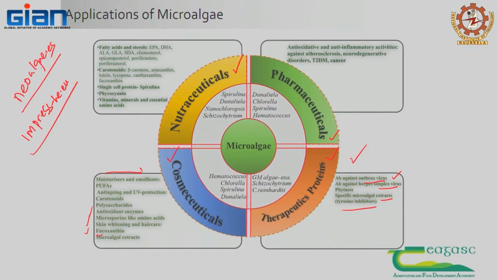Fucoxanthin is a colored compound, a microalgal extract. Phycocyanin is a colored protein. Vitamins, minerals and a lot of carotenoids, and then you have different types of lipids. That all depends upon the type of species. Not all seaweed will contain everything, it depends upon the species.